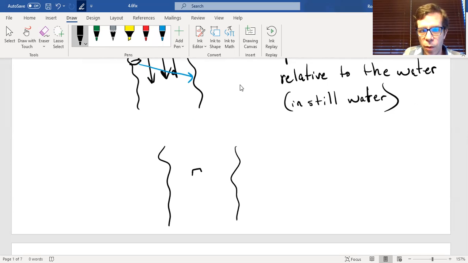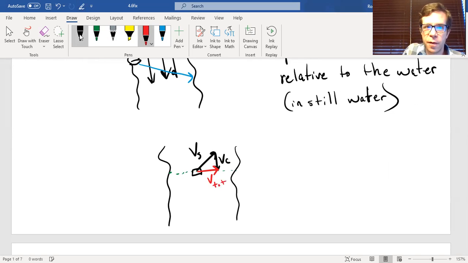So if I want my actual path to be straight across, then I have to consider the vector sum of my velocity in still water and the current to give me my resultant or total velocity, right?